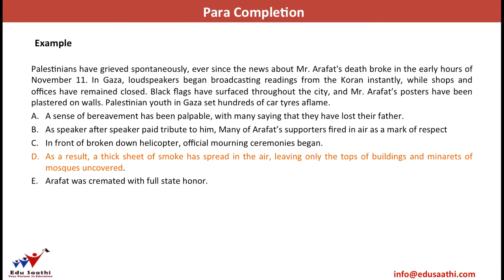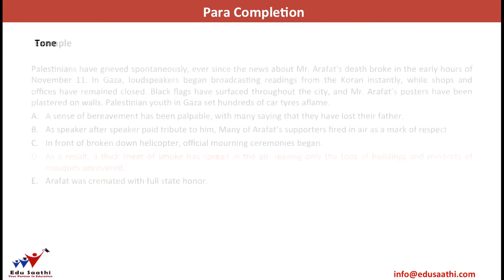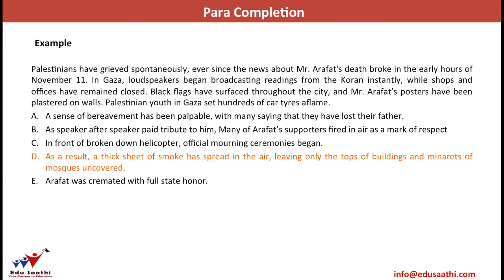Now you may get confused here that the answer is option E, because we are discussing the death of someone, Arafat. So you may think that we're discussing his death, so it might be E, or it might be B or A, because all of them are discussing the same thing.